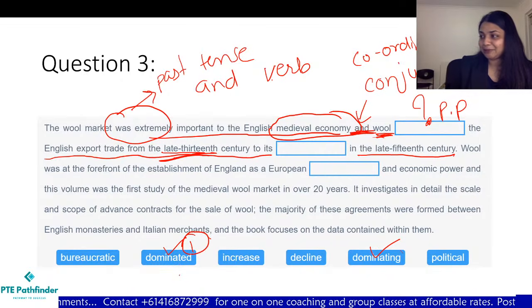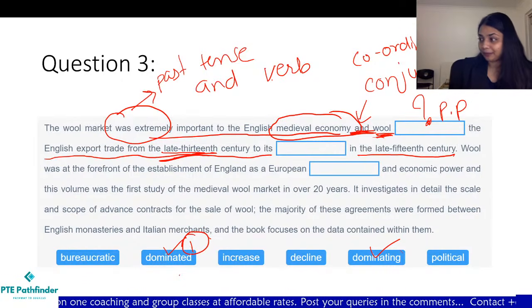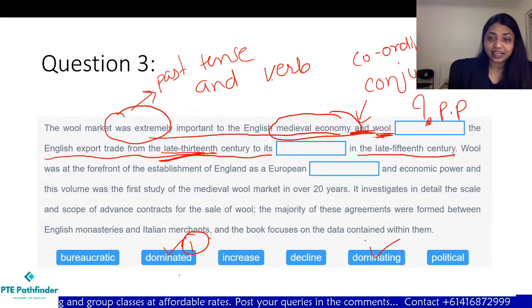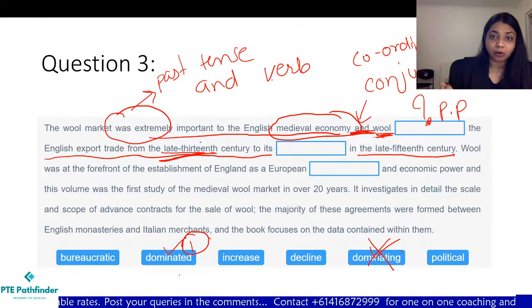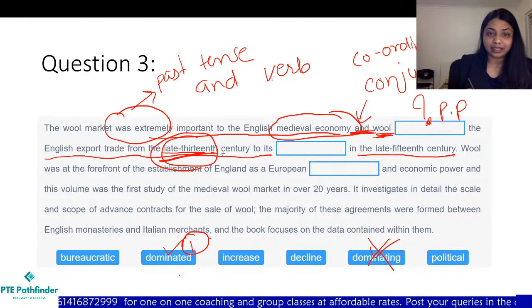Yeah, a little bit of work here, Chetan, because we are looking at past tense. Remember, it won't be dominating at all, because it was extremely important, past tense, and dominated something during the late 13th century. We are not in the 13th century right now, right?